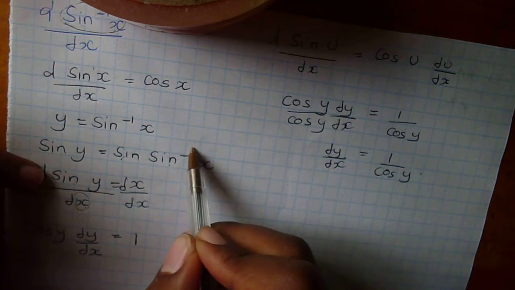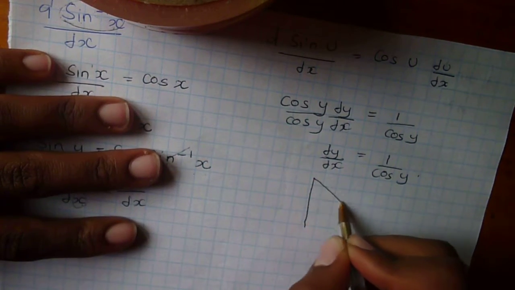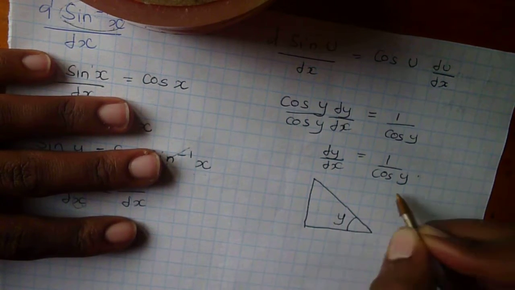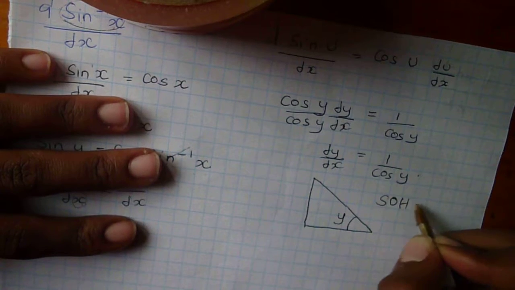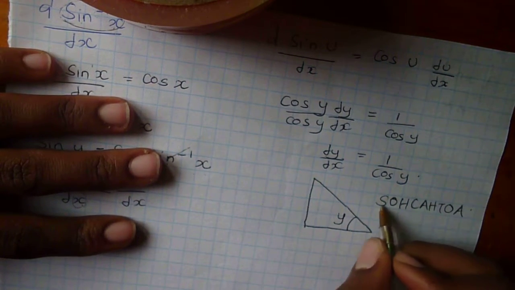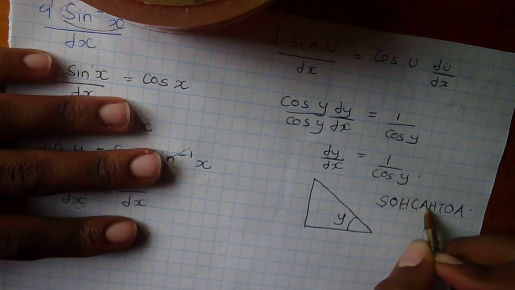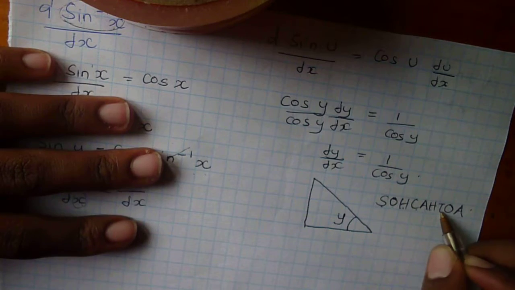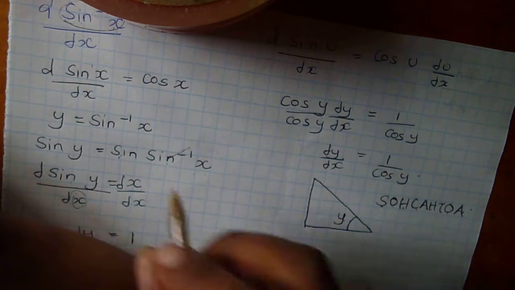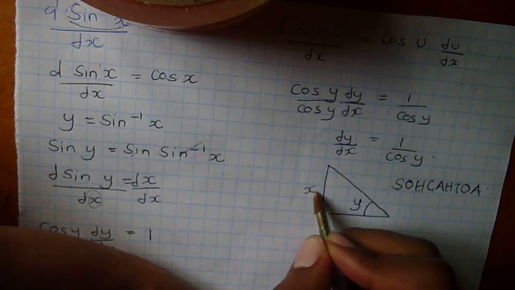So once we draw a right angle triangle and let this angle be y, we can use the acronym SOHCAHTOA, which says when we have sine, it's opposite over hypotenuse. When we have cosine, it's adjacent over hypotenuse. When we have tan, it's opposite over adjacent. So when we have sine y, and we know sine y is equal to x, then sine is opposite x over hypotenuse 1.